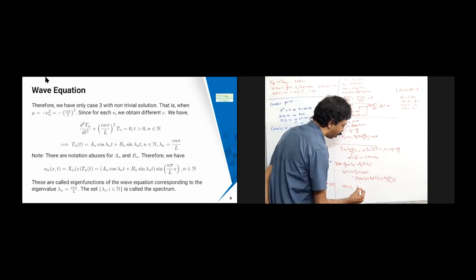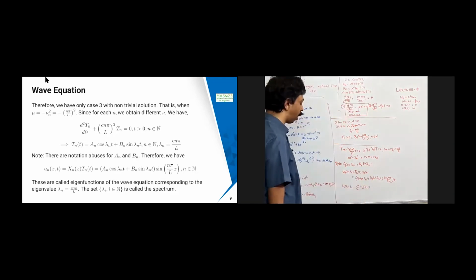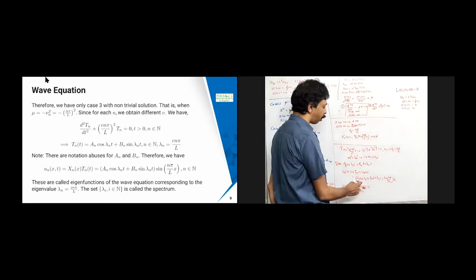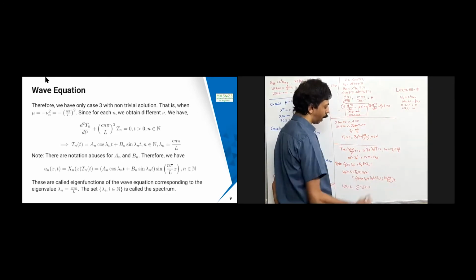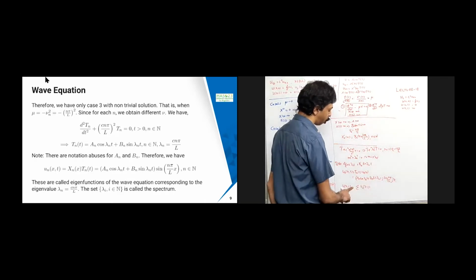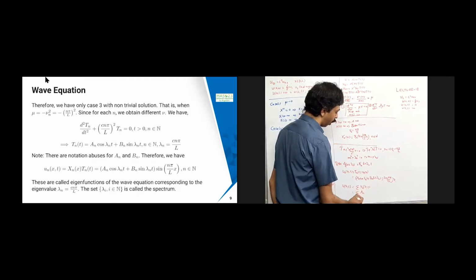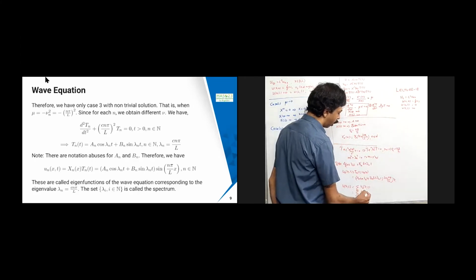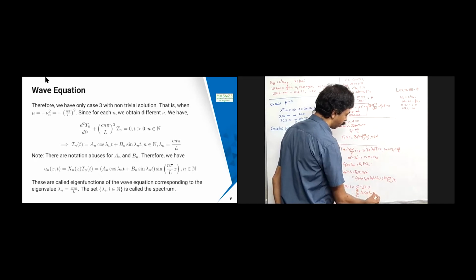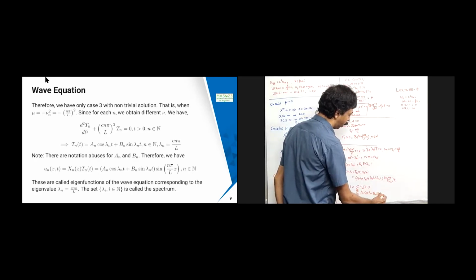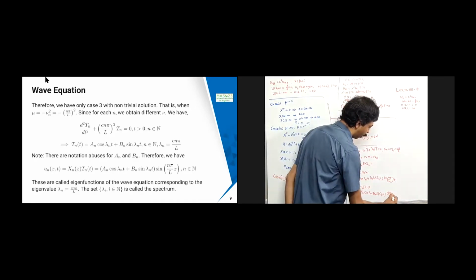Therefore, u of x comma t I am going to define this way. It is going to be a summation, a linear combination, but I am going to take one as the coefficient. Even if it is C n also, I am going to push it inside this a n and b n. So I can write it as the summation, n equal to 1 to infinity, of a n cos lambda n t plus b n sin lambda n t into sin n pi by L x.